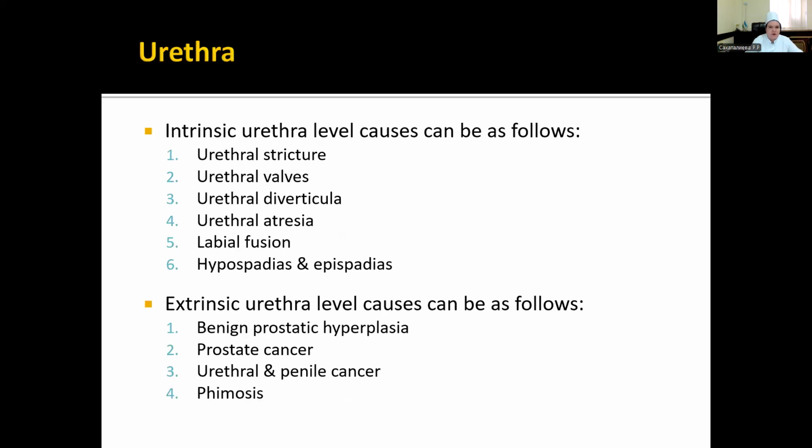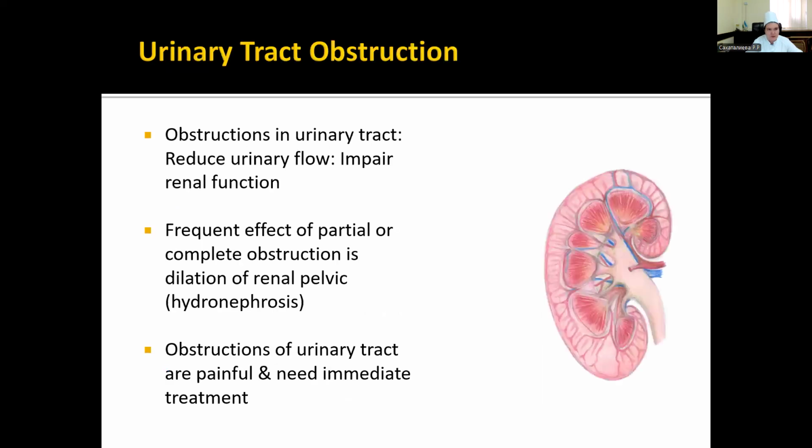Intrinsic urethral level causes can be as follows: urethral stricture, valves, diverticula, atresia, labial fusion, hypospadias, and epispadias. Extrinsic urethral level causes can be as follows: benign prostatic hyperplasia, prostate cancer, urethral and penile cancer, and phimosis.